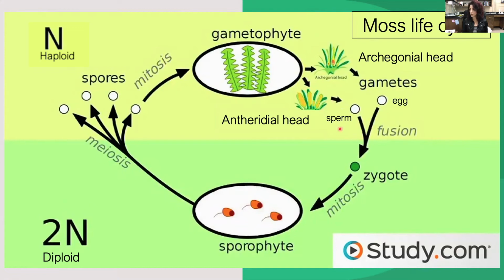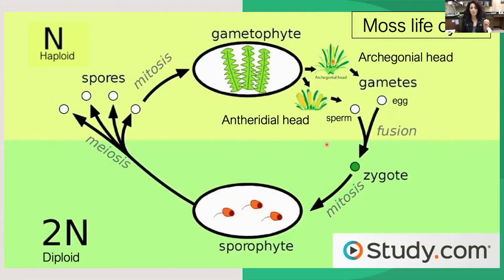So the sperm is developed in the antheridial head of the gametophyte, while the egg is produced by the archegonial head of the gametophyte. When water is introduced into the system, water being very important to the moss life cycle, this facilitates the fusion of the two gametes, the egg and the sperm.